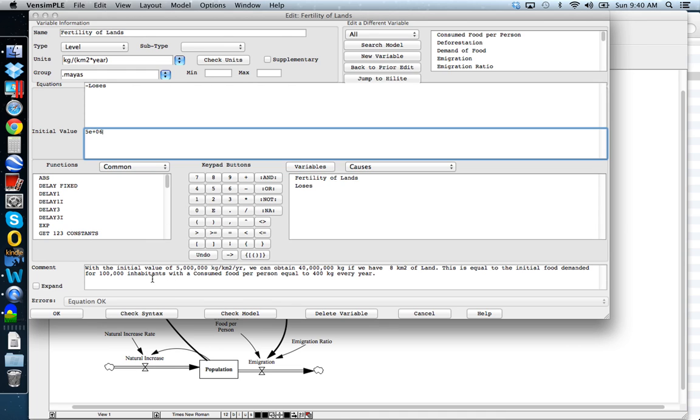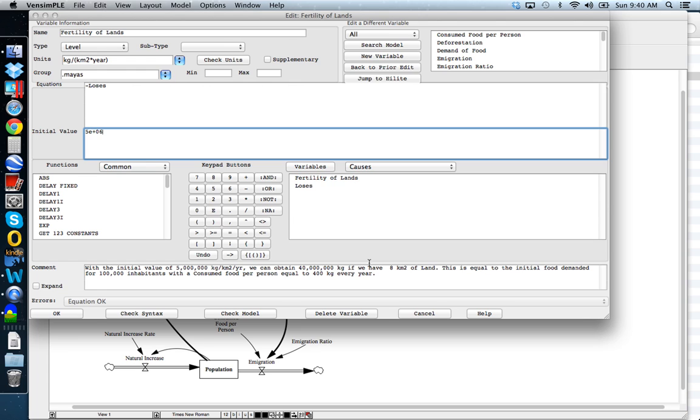In this case, the fertility of the lands is a stock, and it's got units of kilograms of food produced per square kilometer of land that is cultivated per year. It has an initial value of 5 million, which means 5 million kilograms per square kilometer per year.